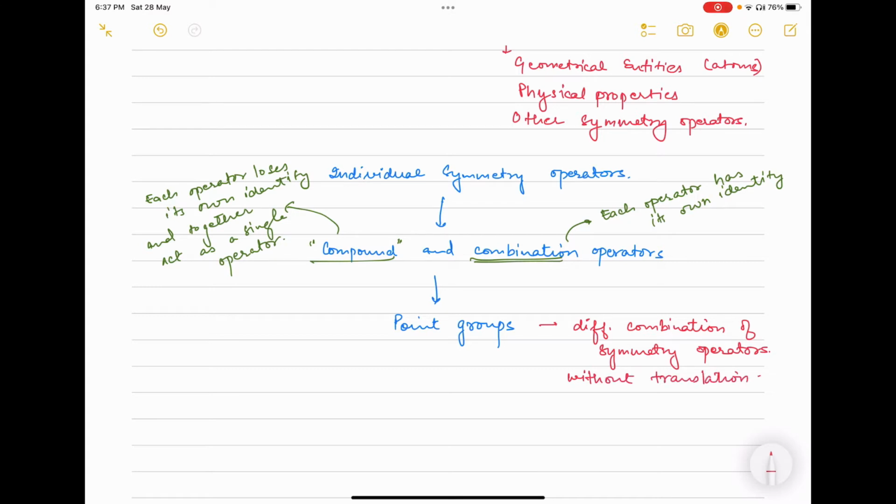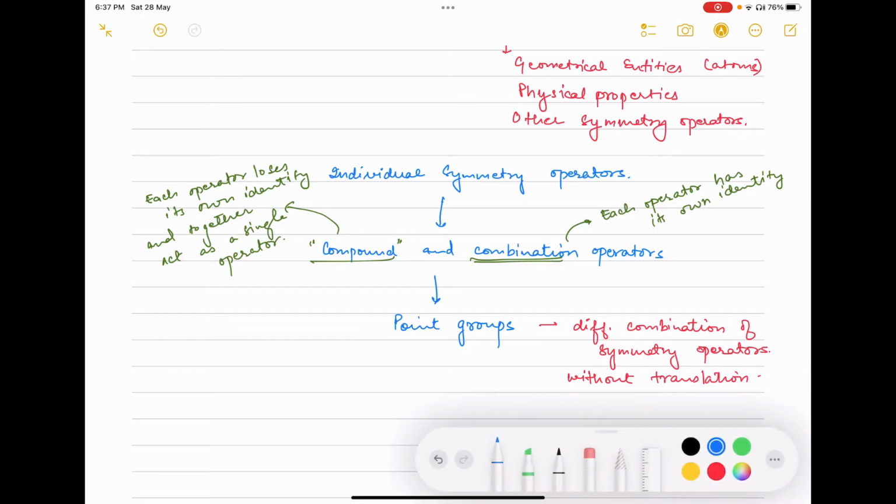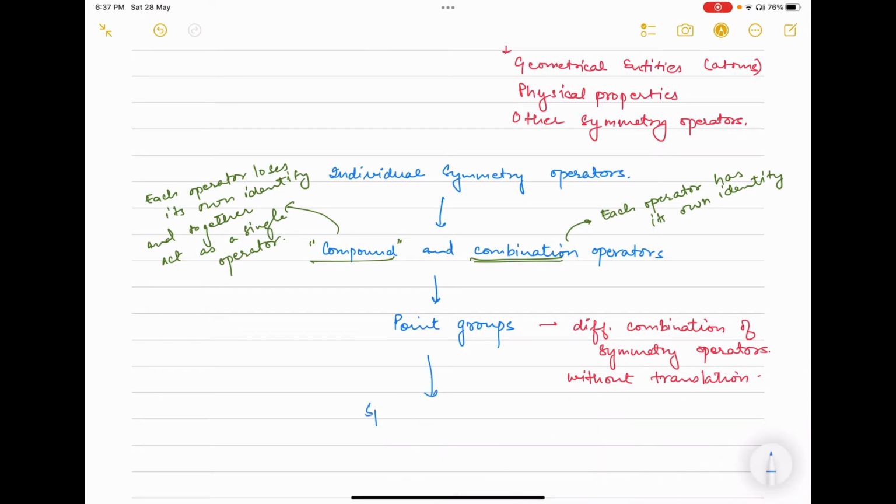Okay, but when you combine them along with the translation operation, you get space groups, combinations with translation included. Okay, you understand the difference?